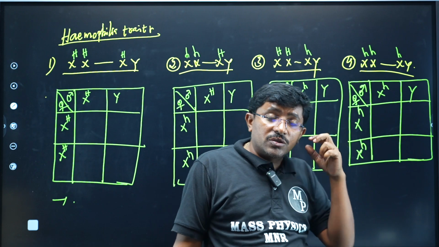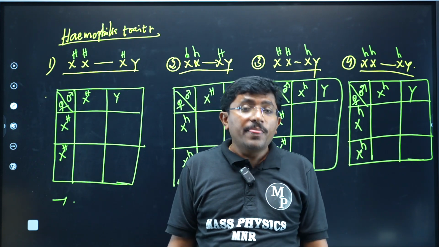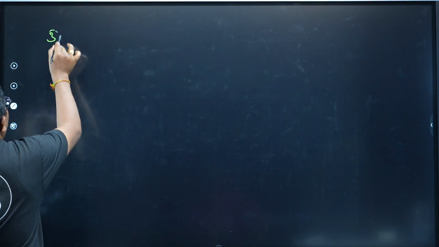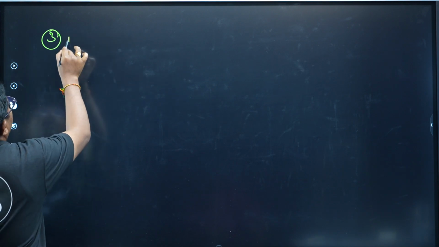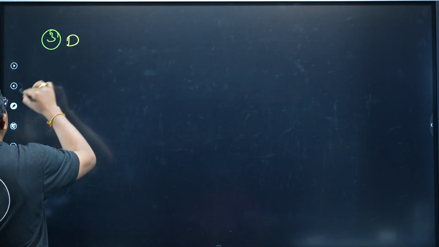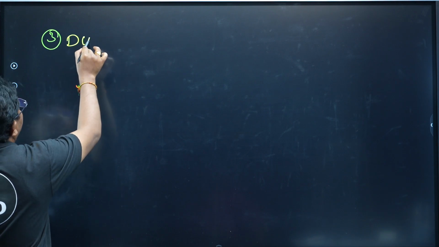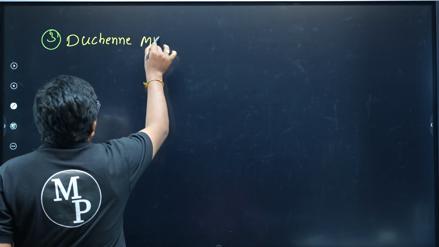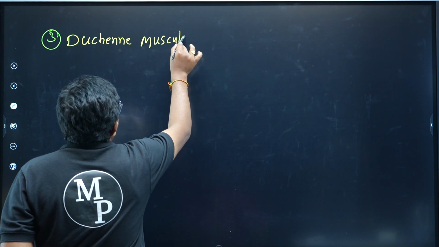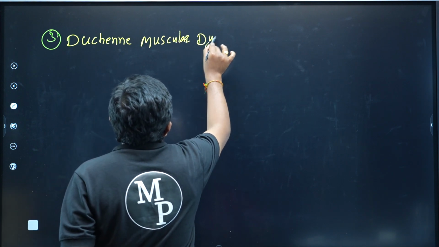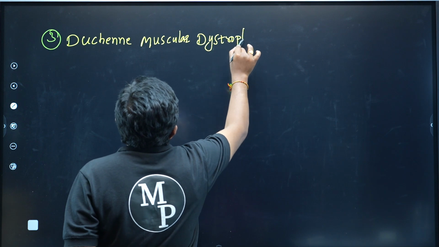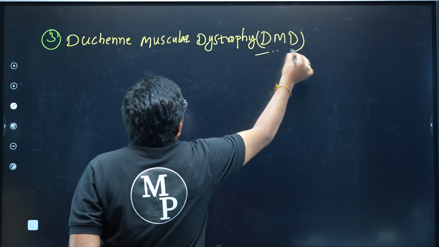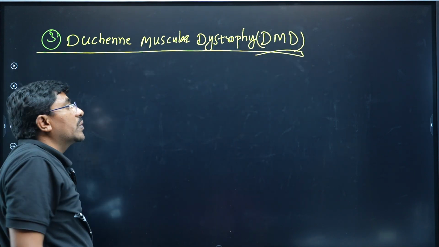And after this, the next, third X-linked recessive disorder, that is DMD, meaning Duchenne muscular dystrophy. The disease is Duchenne muscular dystrophy, DMD.